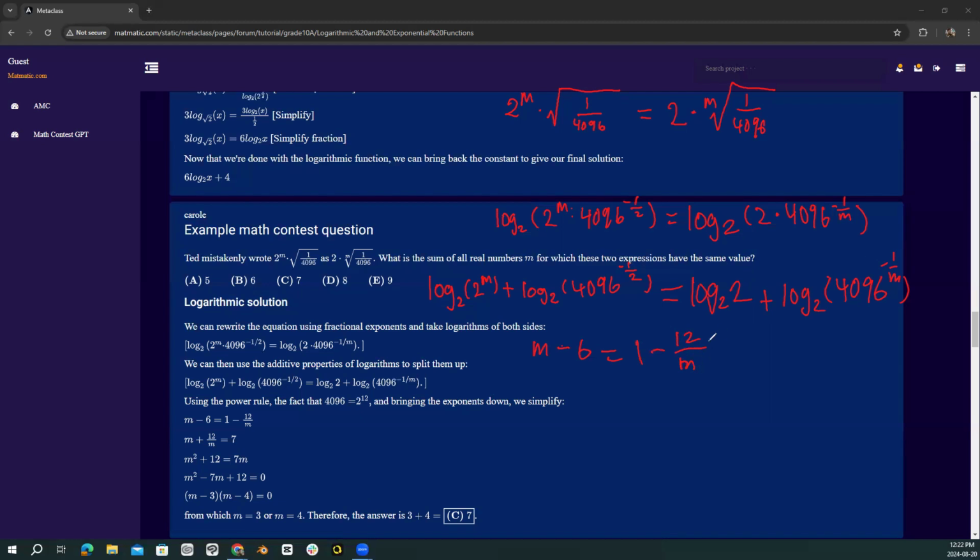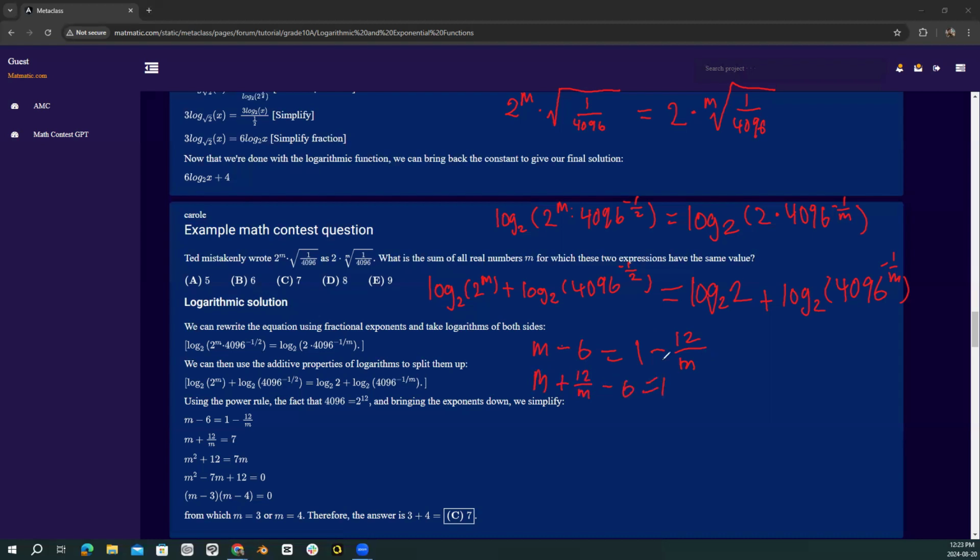So now we can start simplifying, and the first thing we should do is isolate the variables on one side and the constants on the other side. So we can bring this over by adding another 12 over m, which would give us m plus 12 over m minus 6 equals 1.